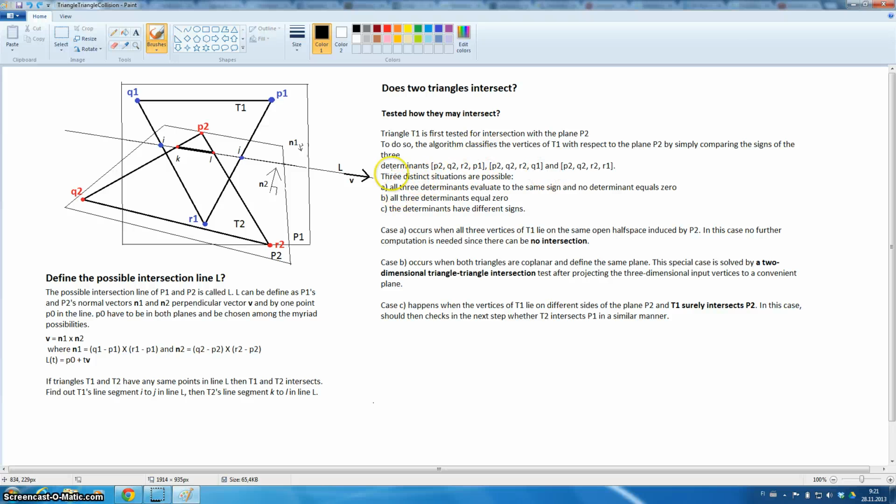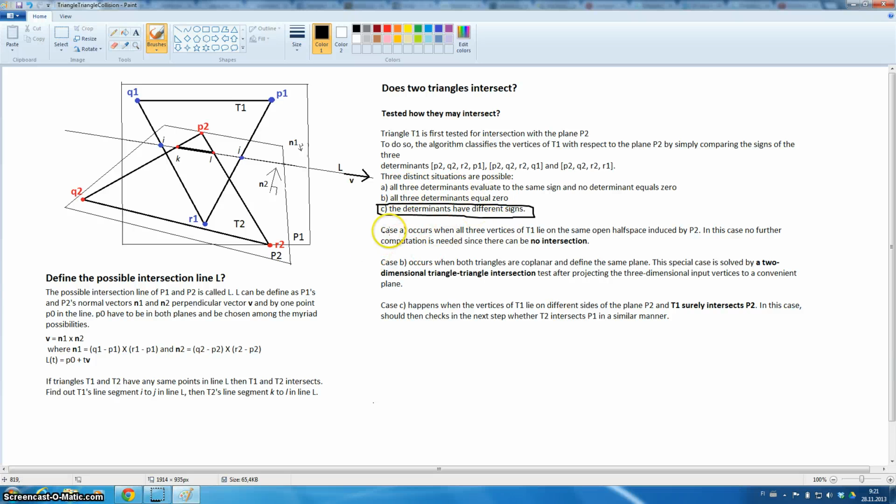That's how we find out, by the determinants, whether the determinants have different signs, which is the possible thing that we see.